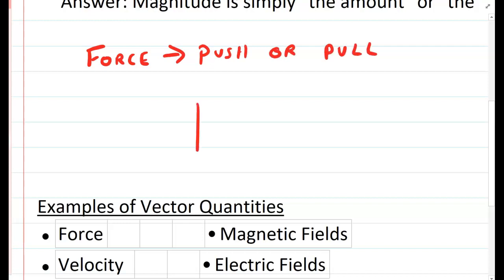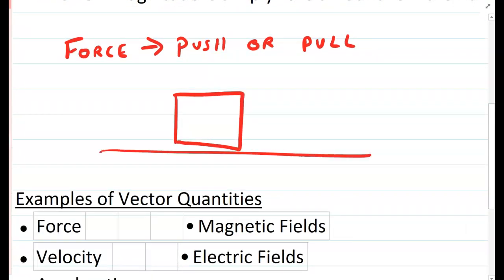So suppose there was a box on the floor and I wanted this box to move. I would come along and I would put a force to it. I'd push it. So I'd give it a force. Now the unit for force is called a Newton, and you really don't need to know that other than me just telling you that. But let's suppose I push this box with 110 newtons of force.